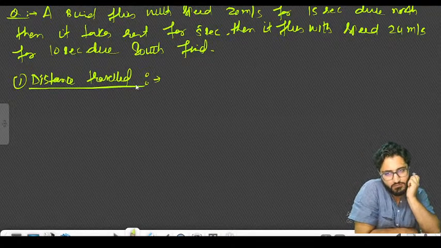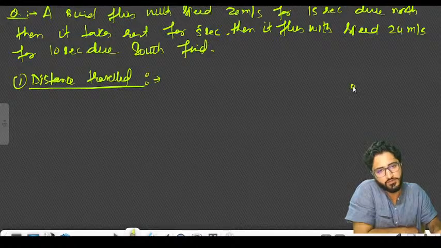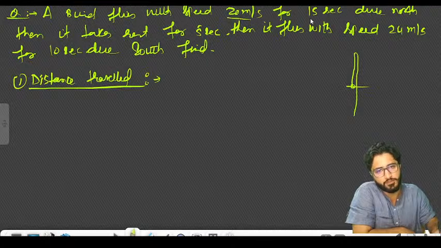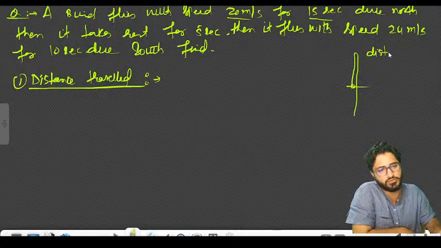Okay, a bird goes from, let's say, origin, it goes north, came back and goes towards the south. We have to find out this distance. Done. It is 20 meters per second for 15 seconds. So I can write distance is equals to speed multiplied by time.